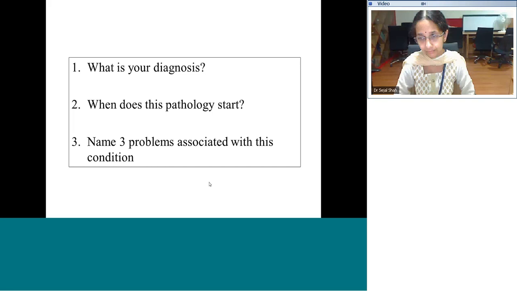And whenever you see a non-compacted ventricle, would you worry about anything? Yes, arrhythmias, ventricular arrhythmias.